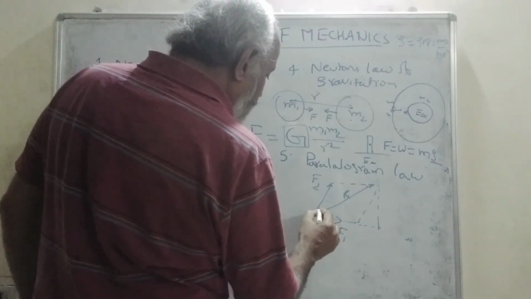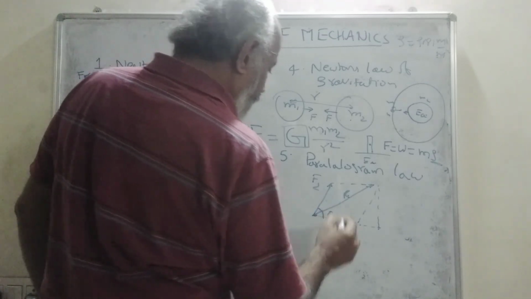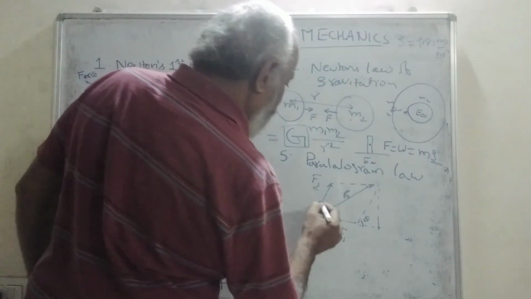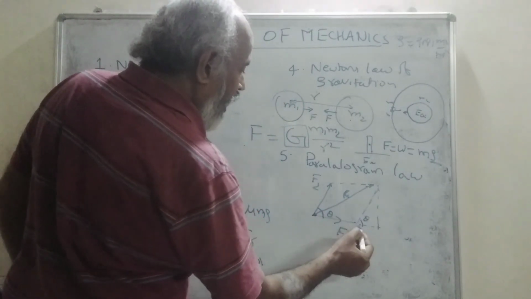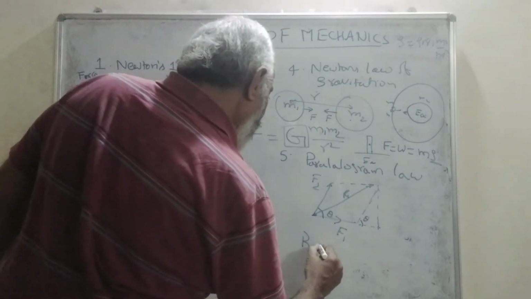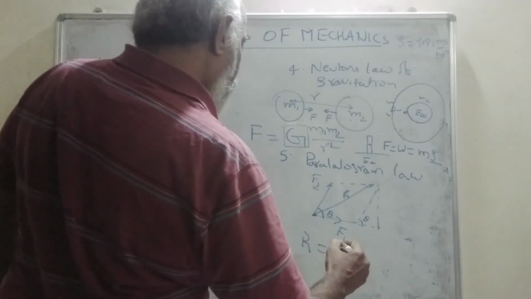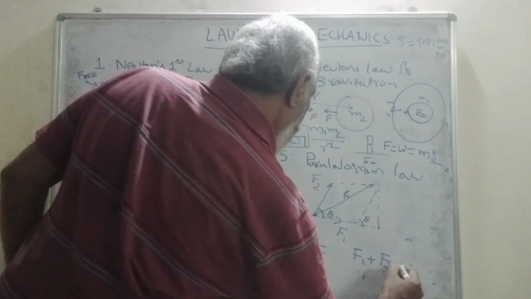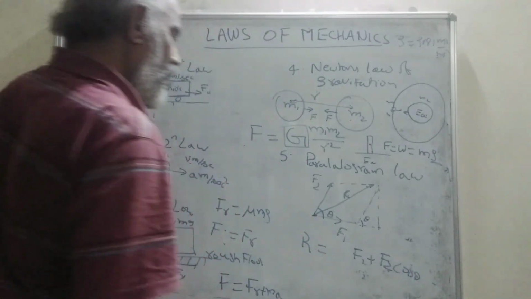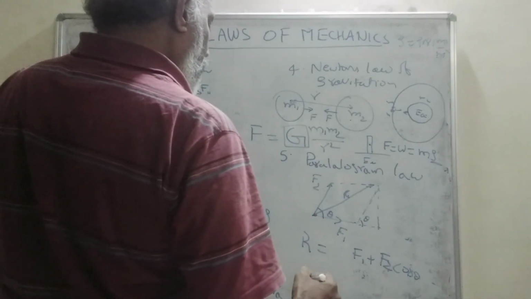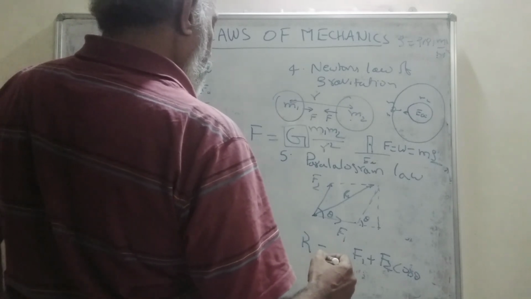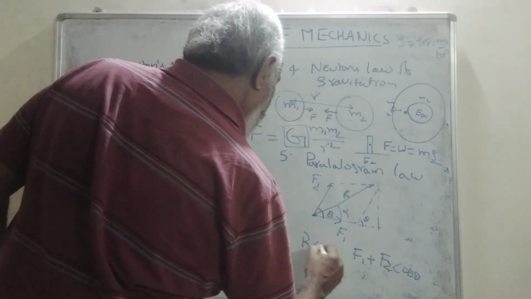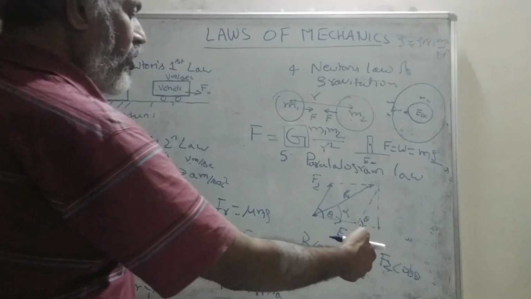The angle between F1 and F2 is, say, theta. So F2 is at an angle theta here. That means, as in the parallelogram, F2 is parallel to this side, and this angle is theta. So the resultant R, say at an angle alpha, gives R cos alpha equal to F1 plus F2 cos theta.